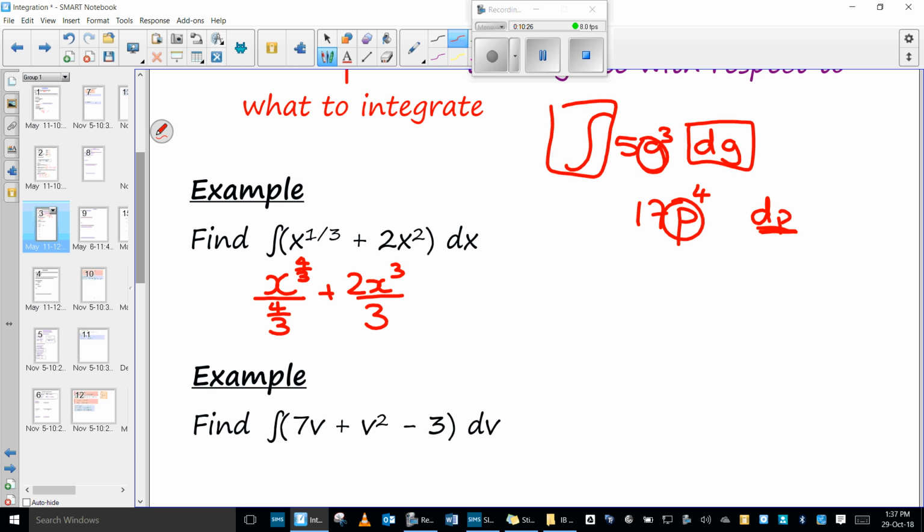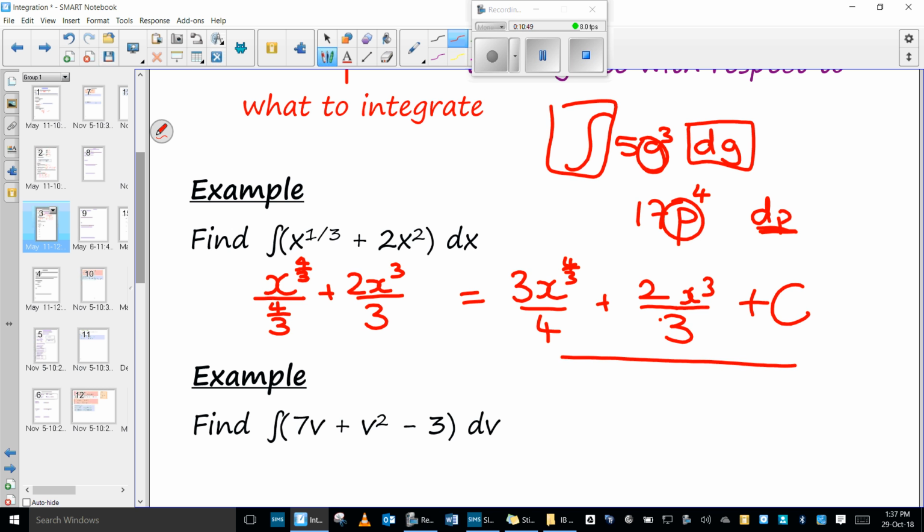Now, I'm putting equals because this is a bit messy. So what happens when we're dividing by a fraction? Multiply by its reciprocal. So this is going to become 3x to the 4 over 3 over 4 plus 2x cubed over 3 plus c.